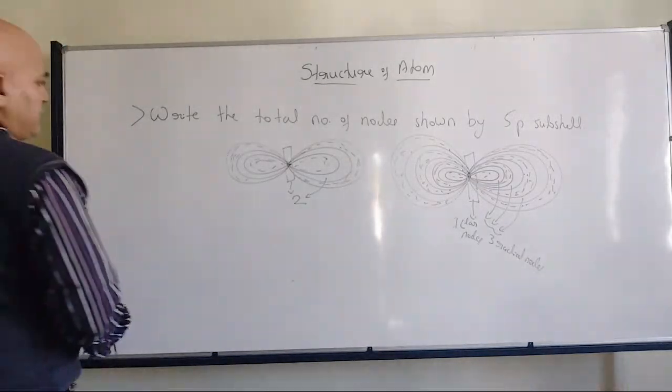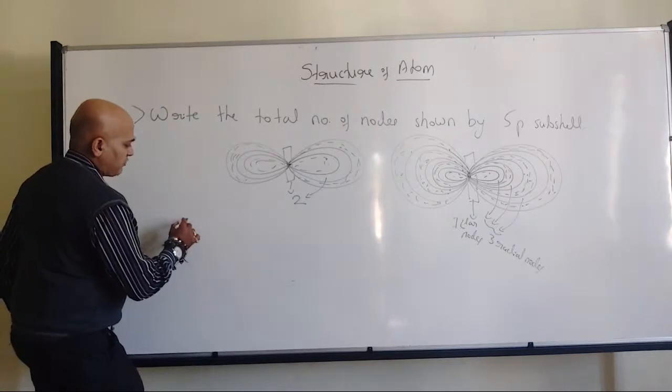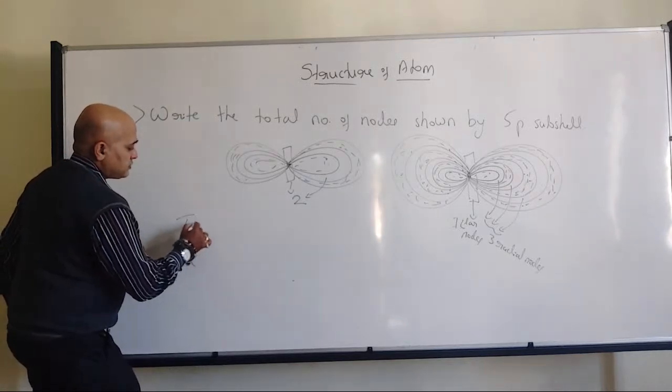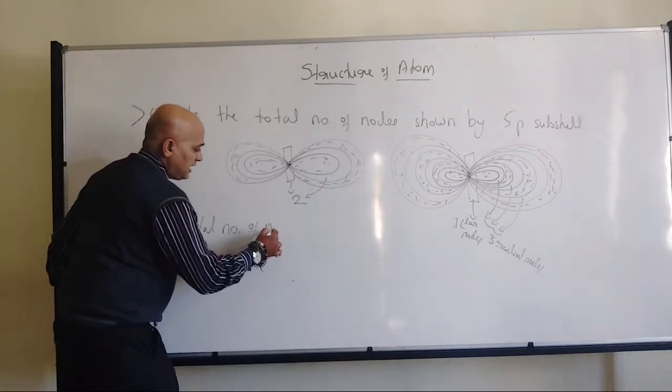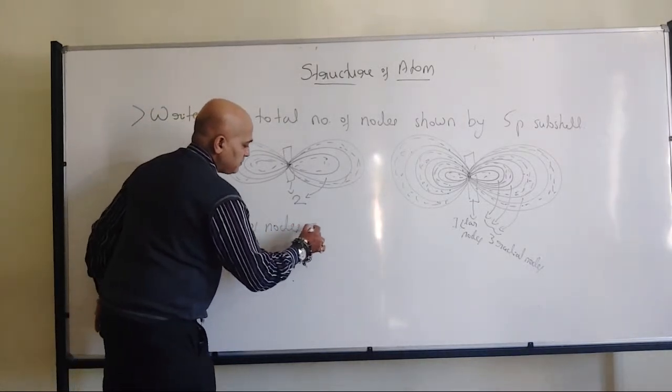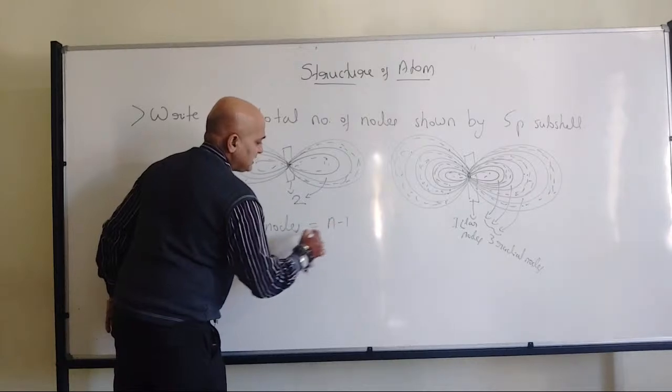So therefore I can give an equation once again. Total number of nodes will be equal to n minus 1.